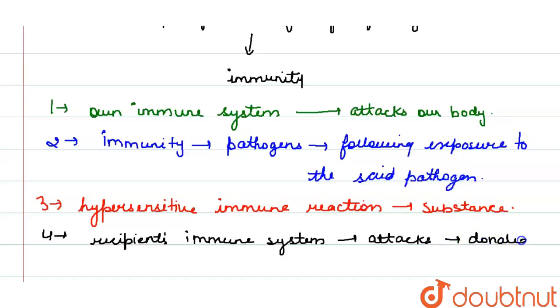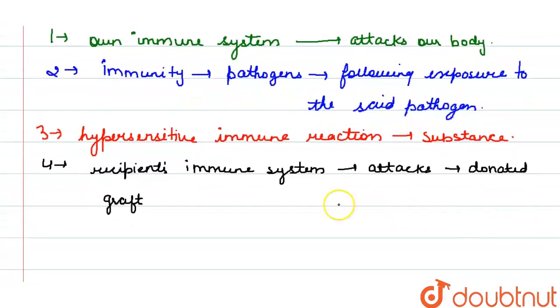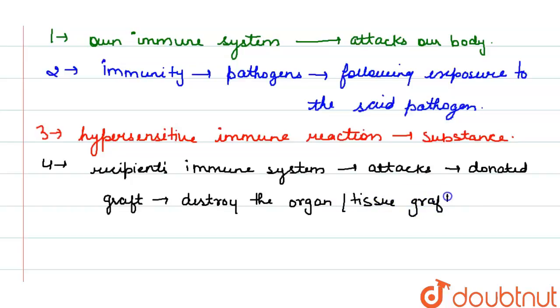Let's say a person got a kidney transplanted and the body of the person who received it is not accepting the functioning of that particular organ, the kidney, then the immune system will attack the donated graft or the donated organ, whatever it is, and it begins to destroy the organ or the tissue that has been grafted. All right, this is what graft rejection is.